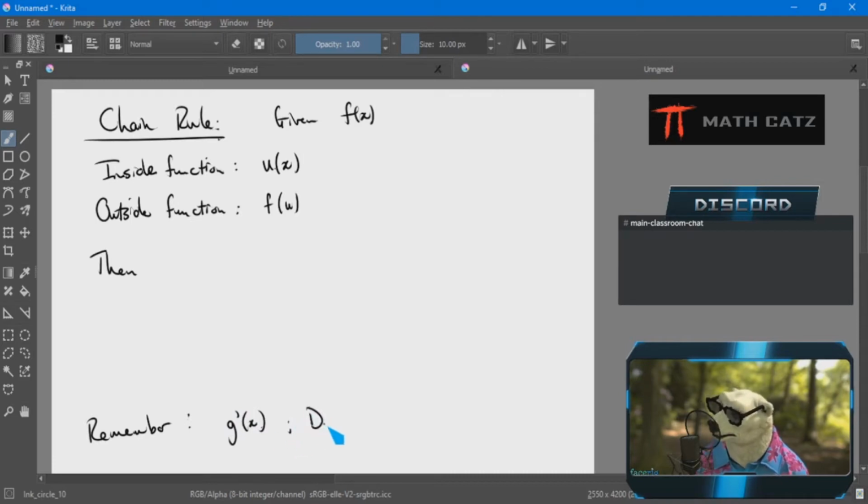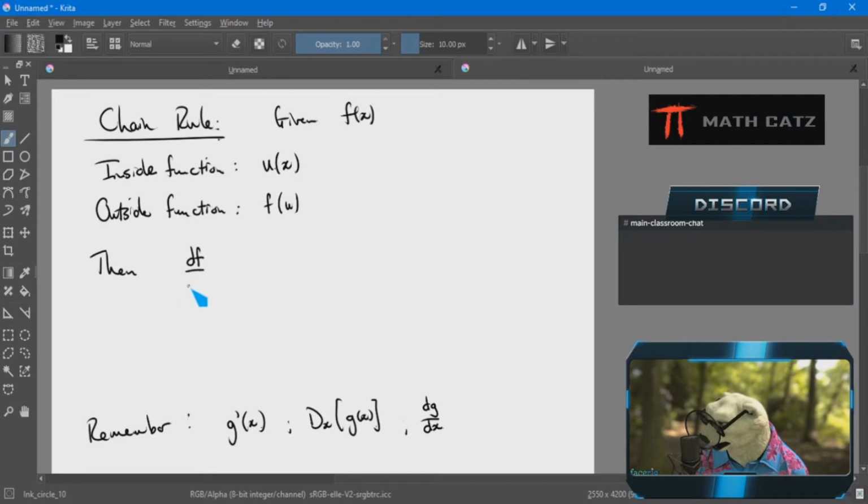We have the big D notation. And we also have the little d notation. They're all the same thing. In the case of the chain rule, the little d notation is going to help me remember this and set it up correctly. So I'm going to write my little d notation.